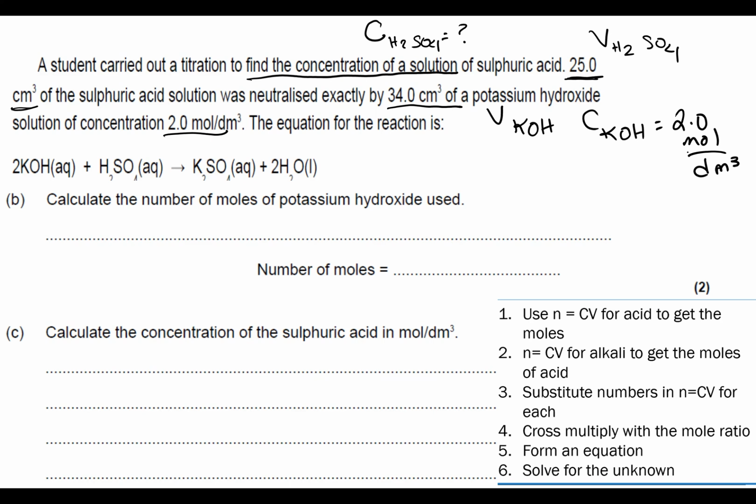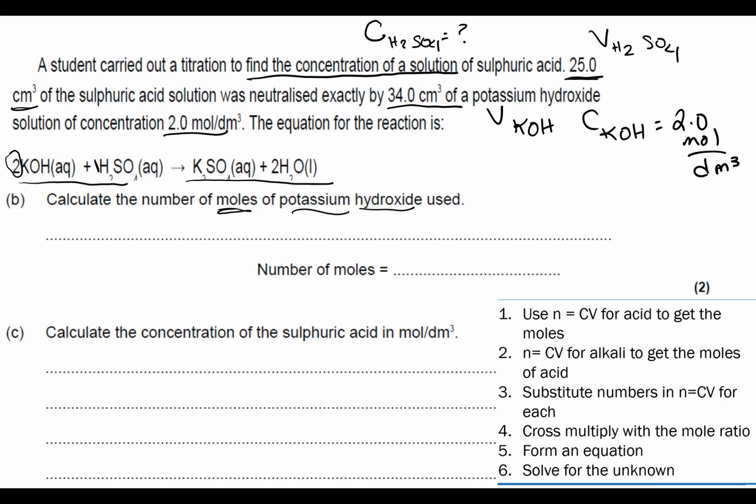Okay. Now, to calculate the number of moles, they gave you the equation, and you now have the mole ratio from the equation. That's why you need it. And if they didn't give it to you, you have to balance it yourself in order to get it. But for now, you're just going to have it ready and given. Calculate the number of moles of potassium hydroxide used.